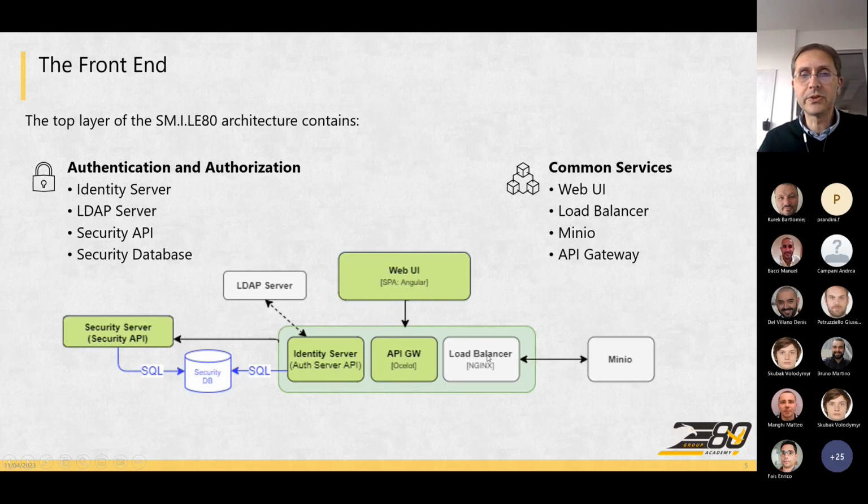Then the load balancer, which is a reverse proxy that hides the backend and is able to connect the front end with the backend. And we have Minio, which is a repository for images, and the API gateway that is able to route each API request to the correct API.